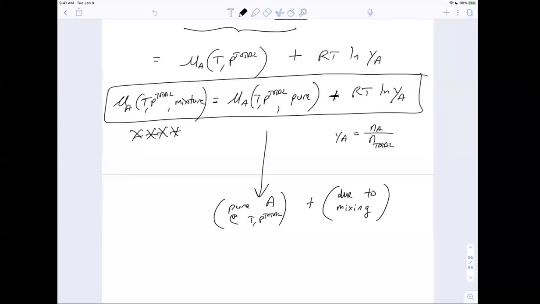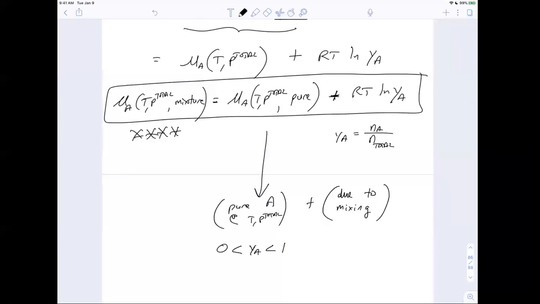So what is the log of something? Let's put it this way: what is the range of values that y sub A can take in the mixture? It can be between 0 and 1.